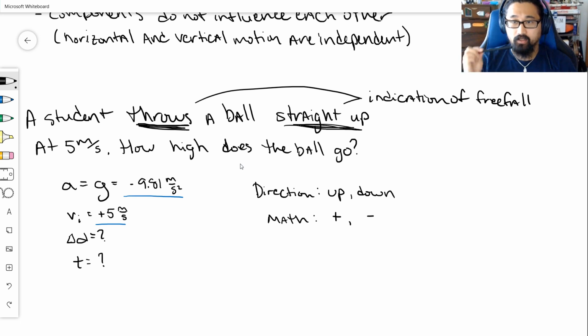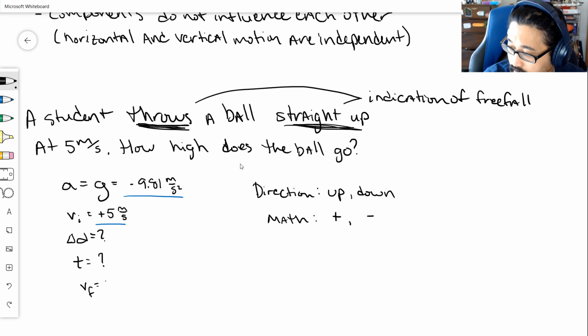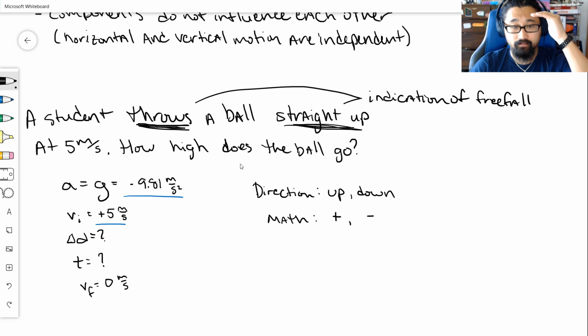It's traveling up and up, and it stops, and then it comes back down. But at its highest point, it must stop. And that tells us one more very essential piece of information: its final velocity at the peak, because it stops, is 0.